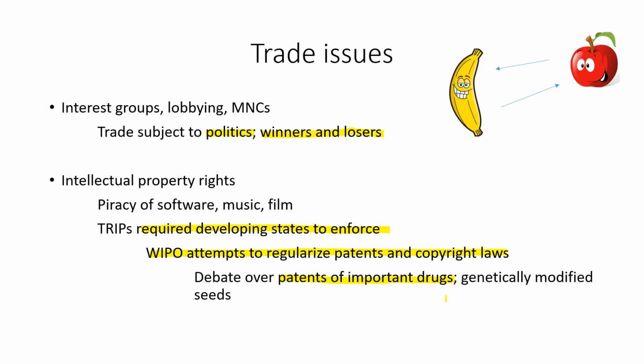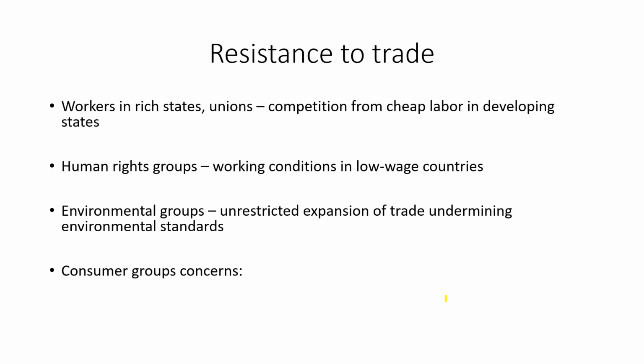Pharmaceutical drugs are another big example, where companies charge very high prices for a long period of time, and poor countries have to pay those prices when they could technically pay less if they were on the open market.